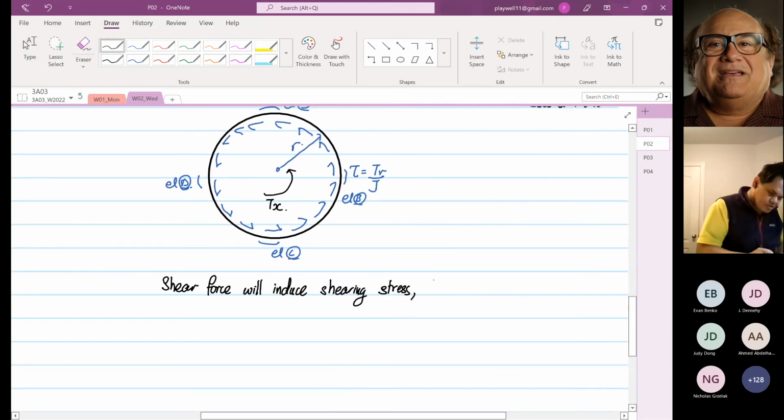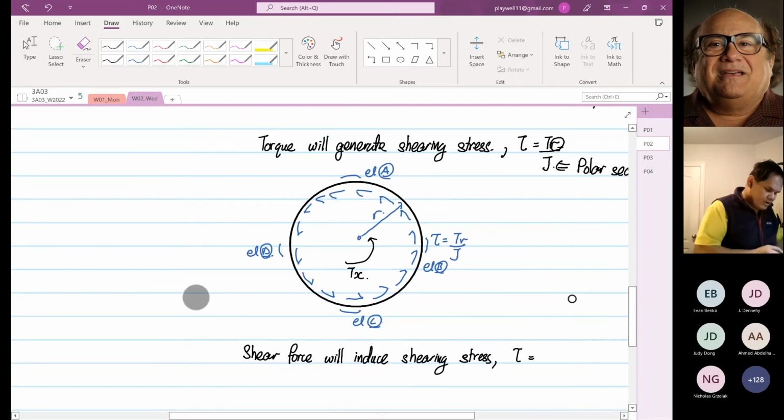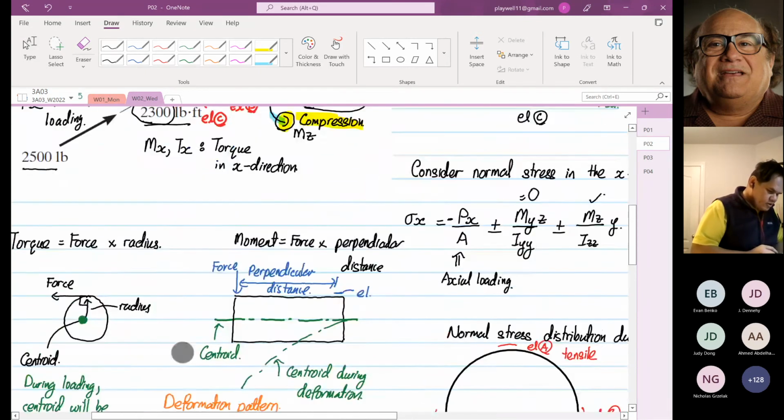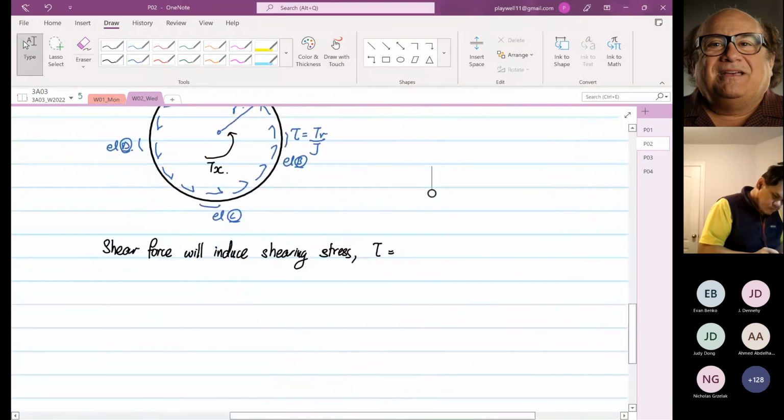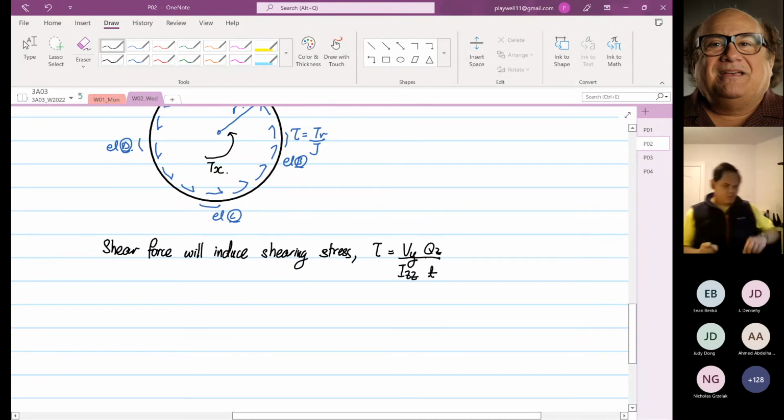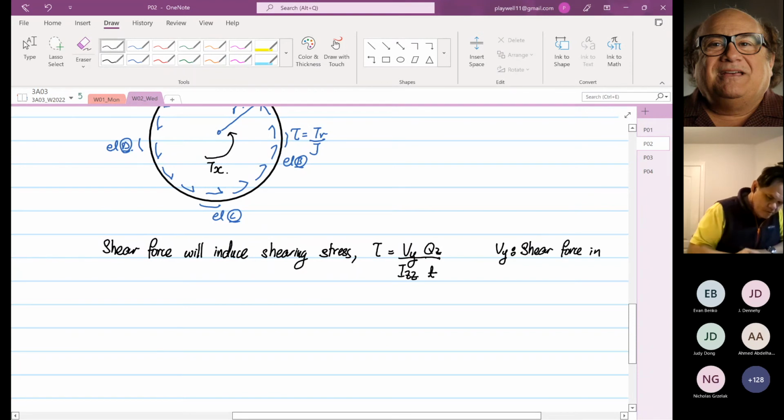So our shear stress is in the y direction: Vy over Izz, Qz, divided by thickness. What do I mean by that? Let me define what they are. Vy is the shear force in the y direction.